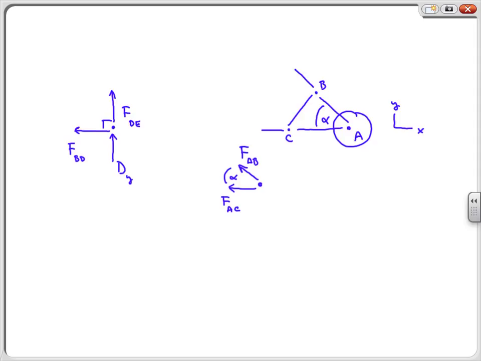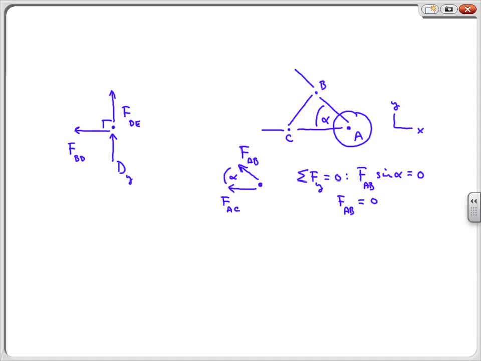And so again, based on that coordinate system, if I sum the forces in y equals 0, I'm going to have simply FAB sine alpha is 0. And so therefore FAB is equal to 0 again.